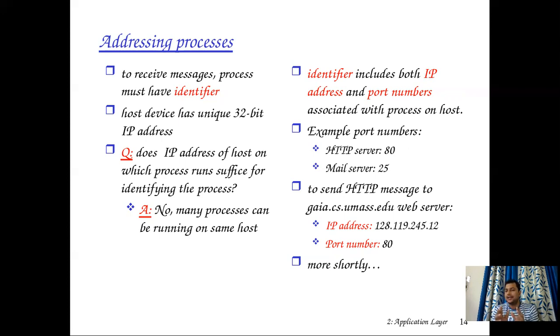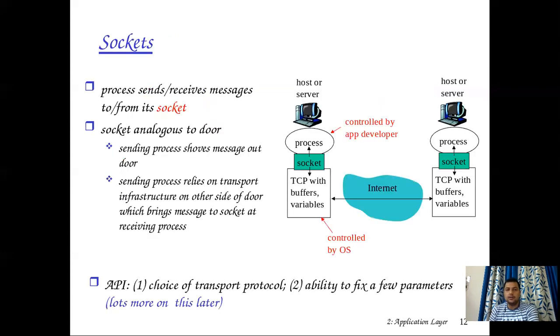The socket address is nothing but the combination of both your IP address and your port number. When you club both together, the IP address and the port number, that is the socket address for that process. Here, if you have to give this socket an address, it is the IP address of this host or server together with the port number associated with this process.